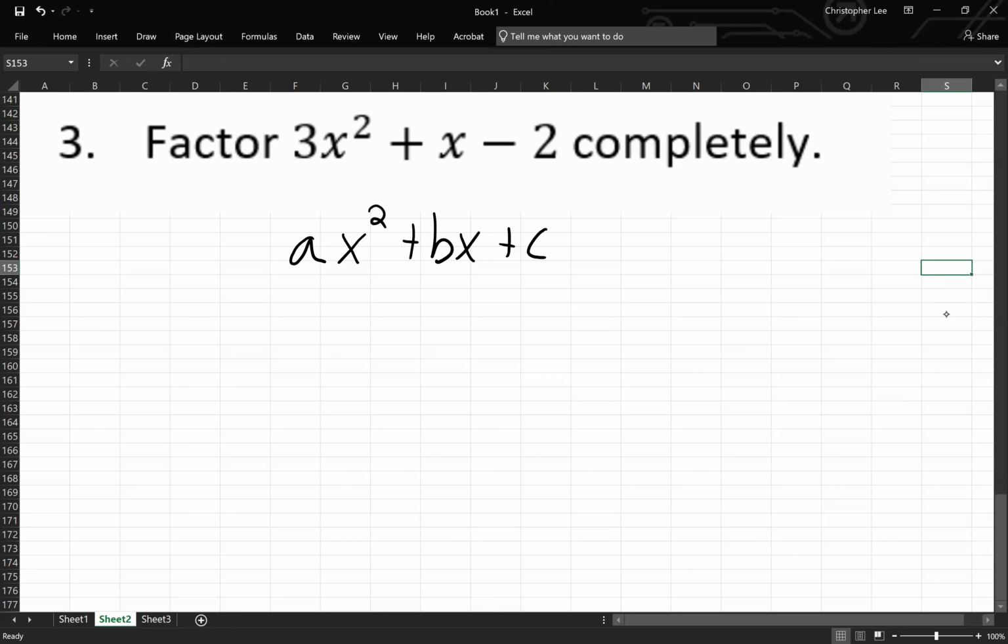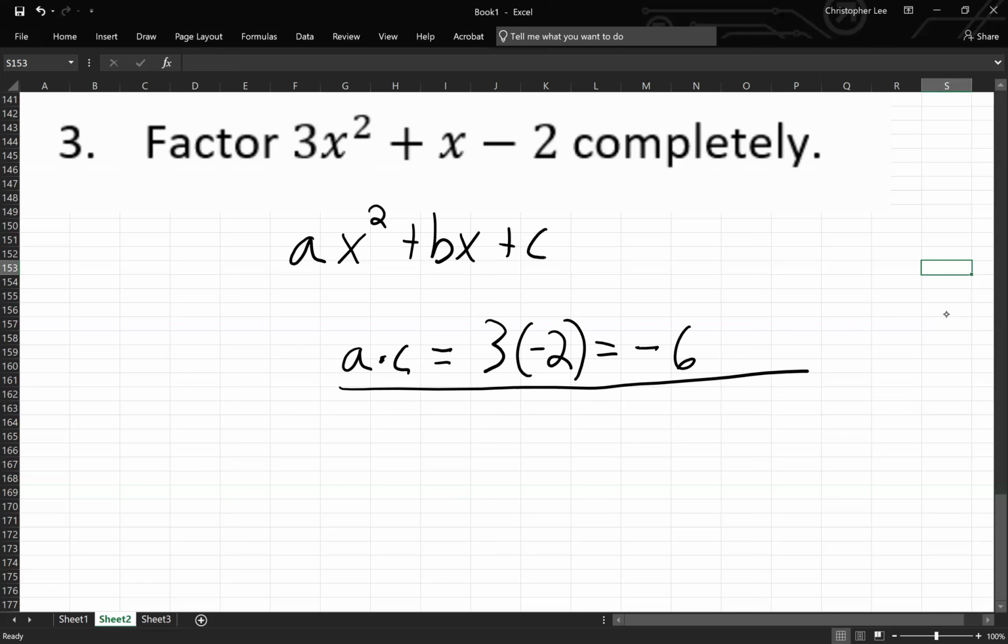Now, for the AC method, I want to do a times c. What is a times c? 3 times -2. Very good. And that gives me a -6. And just so we're clear, the 3 corresponds to the A, the 1 corresponds to the B, and the -2 is the C. So B is equal to what again? 1.